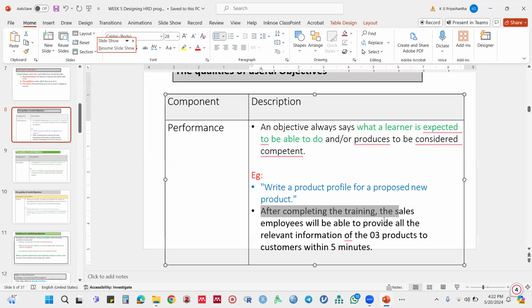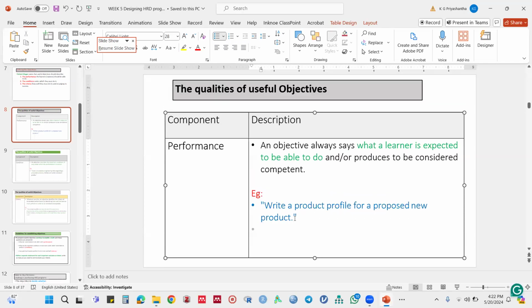Suppose this is the target given, right? I just gave you an example, but the condition here is sales training. In sales personnel training, when you design an objective, obviously the performance needs to be reflected in that objective.